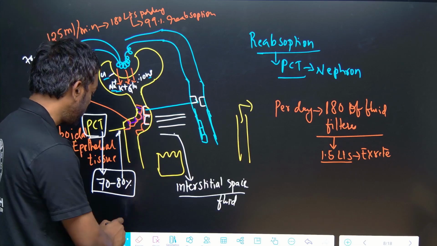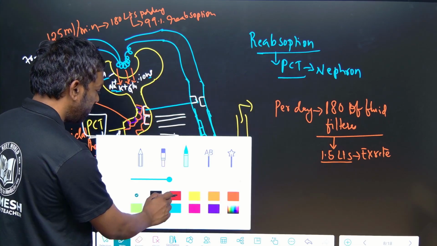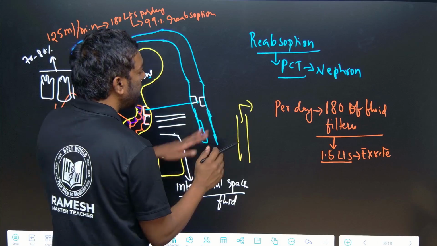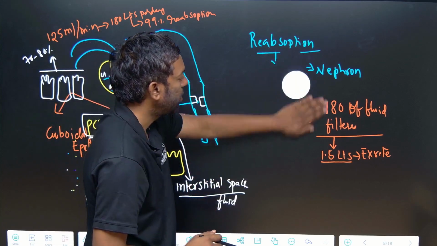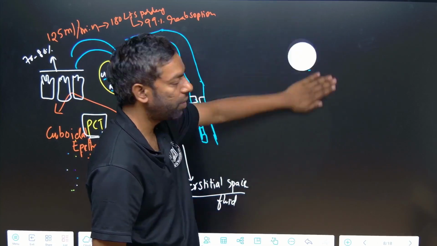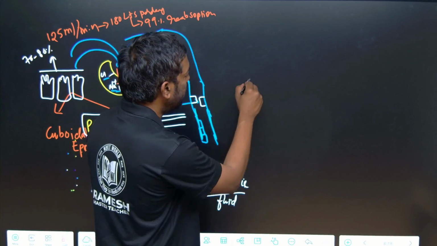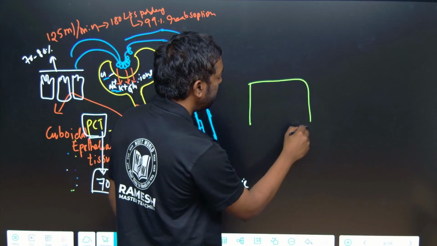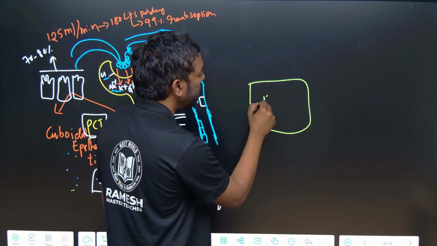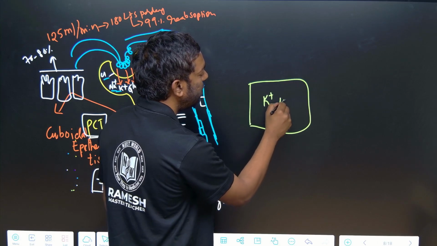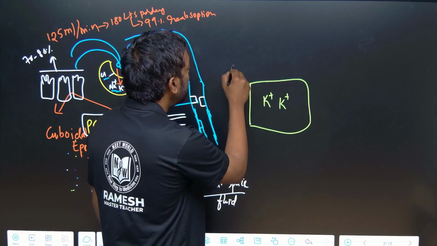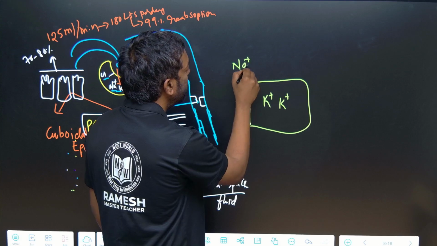We are going to discuss sodium first, sodium and potassium. In any interstitial fluid or cell, there is an ionic balance. Inside the cell there is potassium, and sodium is outside the cell.